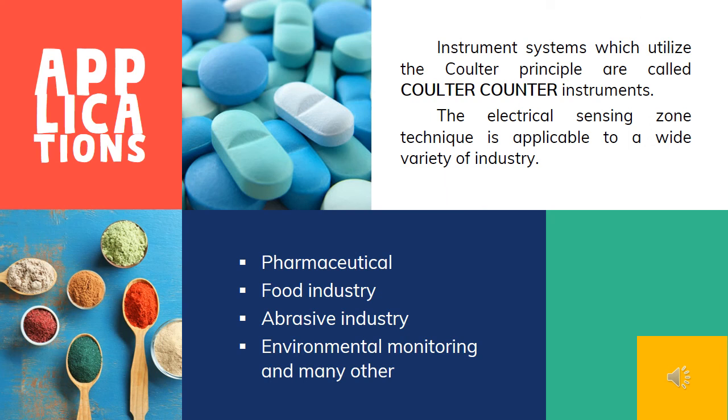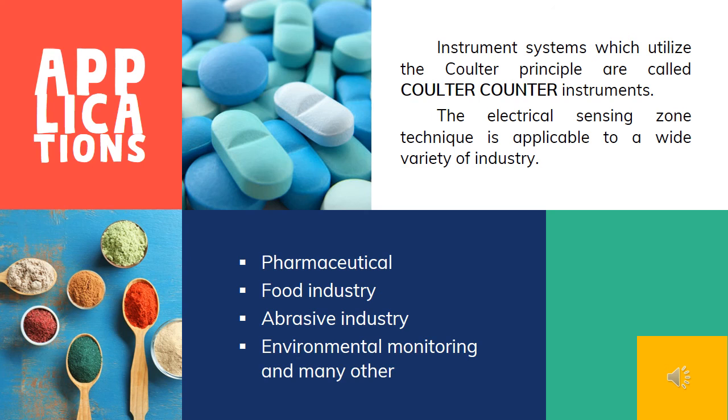Instrument systems which utilize the Coulter principle are called Coulter counter instruments. The electrical sensing zone technique is also applicable to a wide variety of pharmaceutical applications that include population distribution of cells for tissue cultures and for blood cell counting.